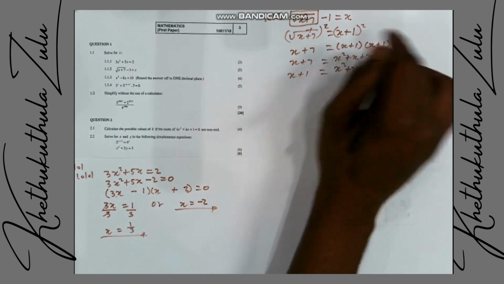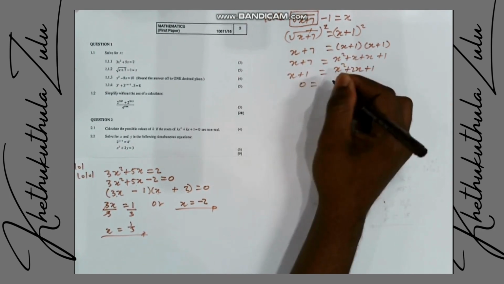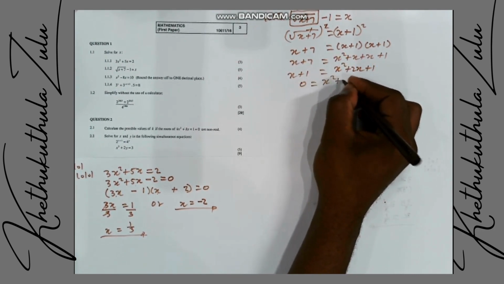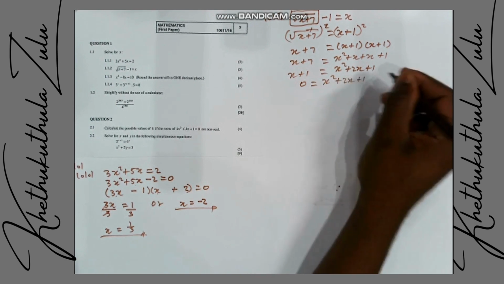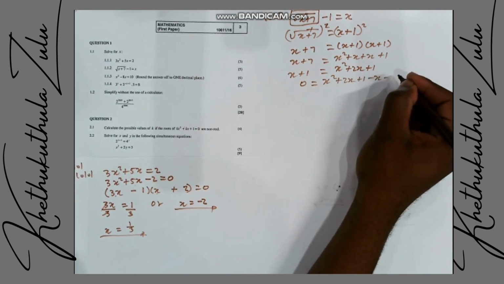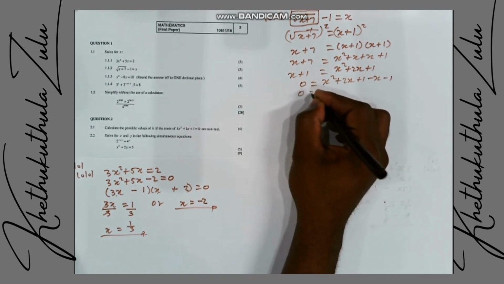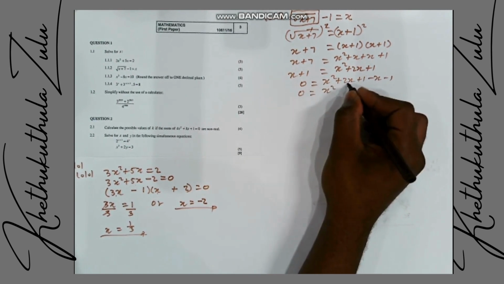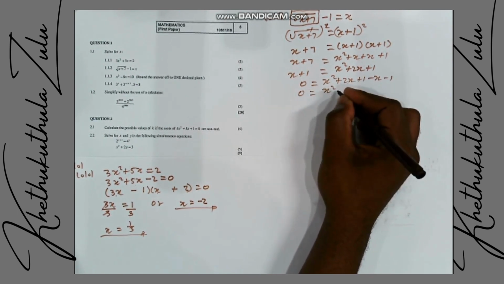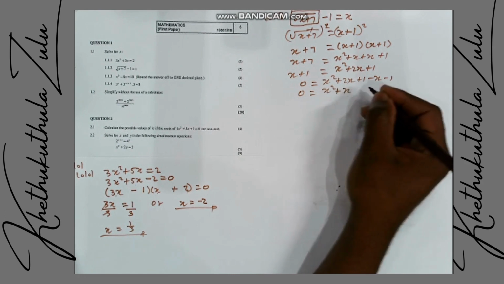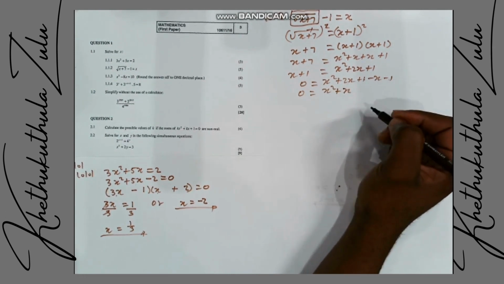Solve for x, take this to the other side, is equal to 0, and x squared plus 2x plus 1 minus x minus 7 is minus 6. Then x squared, 2x minus x is just positive x, and then 1 minus 7 is minus 6.